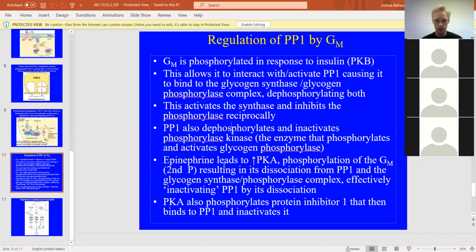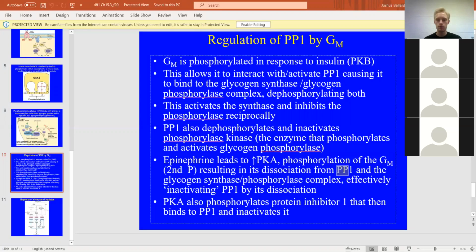We talked about this. Epinephrine, this pointer right here kind of satisfies the point of saying, know the effects of hormones. Epinephrine is a hormone, and it leads to an increase in PKA. And as a result, it leads to phosphorylation of the GM, and then that results in the GM's dissociation from PP1.